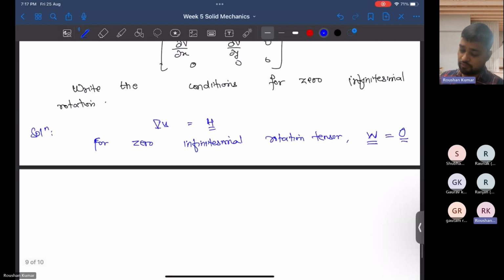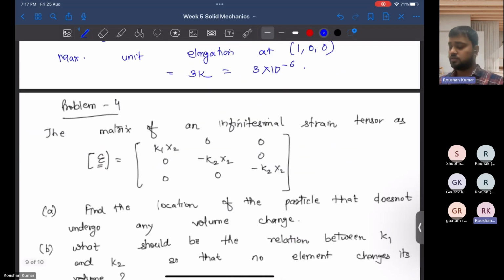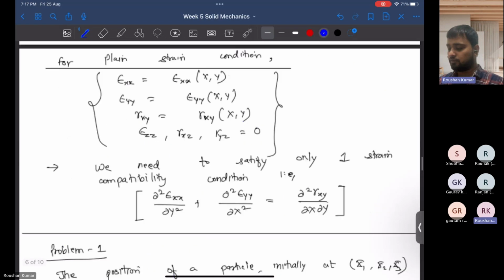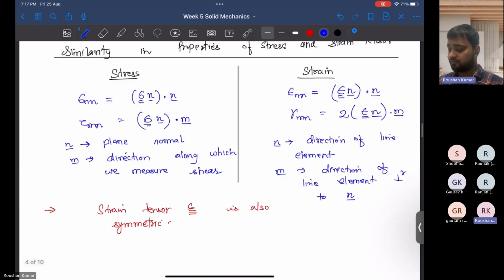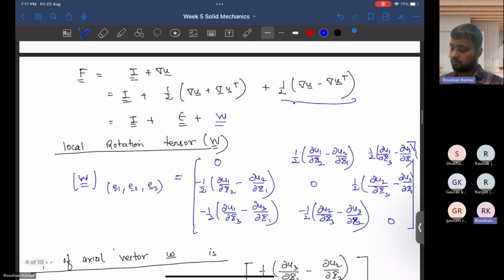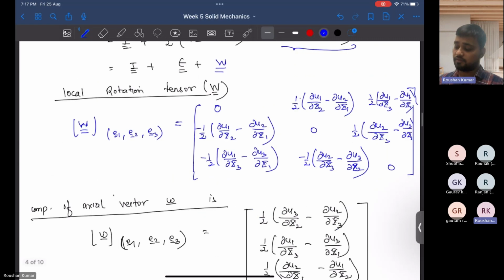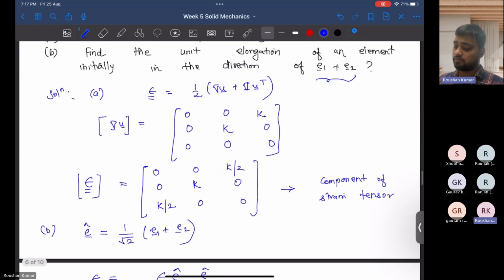So we write down the formula here for the infinitesimal rotation tensor, whose diagonal component is 0. This is the formula for the local rotation tensor.